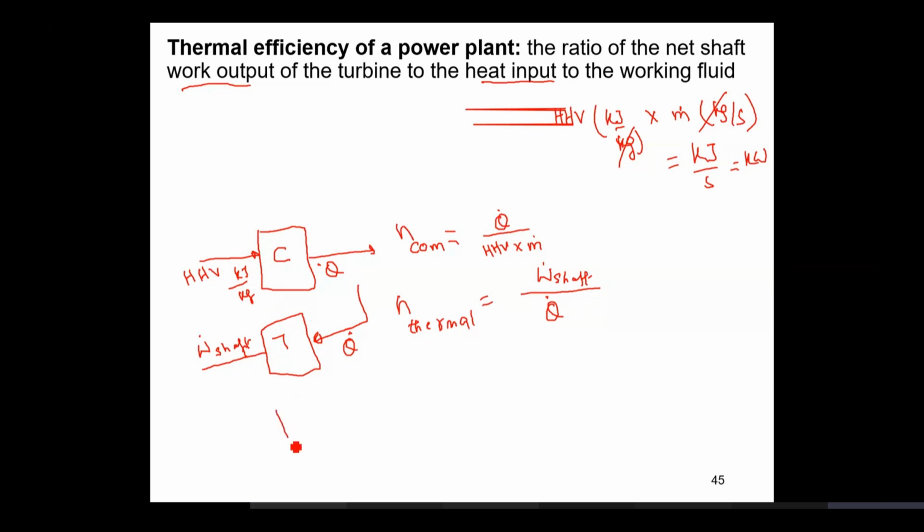Now the third component in a power plant is essentially the generator, which is generating the electricity. So how is this working? The shaft work becomes the input for the generator, and the electrical work is basically the output of the generator. Is it clear?